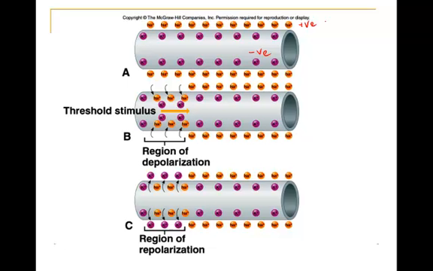The stimulus comes along, the little gates open up, and that allows sodium to go in, from high concentration to low concentration. Now we have a change in the polarity, and we have depolarization. So now we've got more positive inside than outside. That's depolarization. This is polarized, or sleeping.